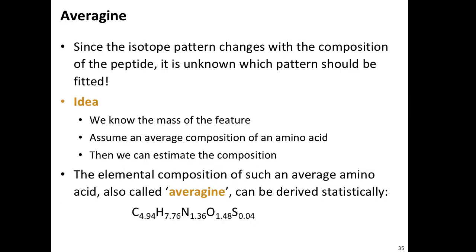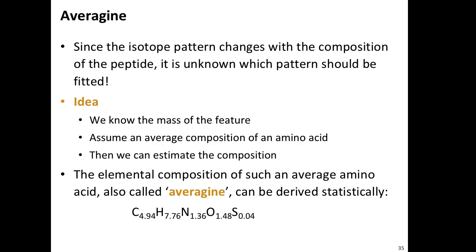One problem we have here is that if we don't know how many carbons, how many nitrogens we have in a peptide, we actually can't compute this binomial distribution. And this is where people started looking at, well, how different are peptides? And people came up with this idea of a so-called average gene. That is an average protein.